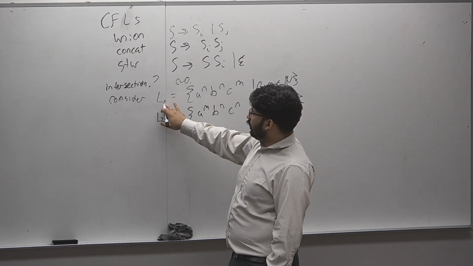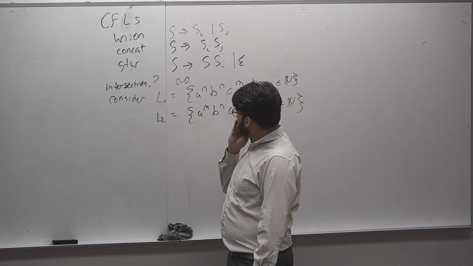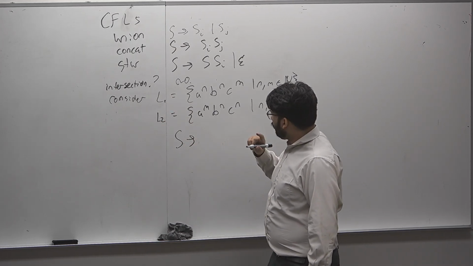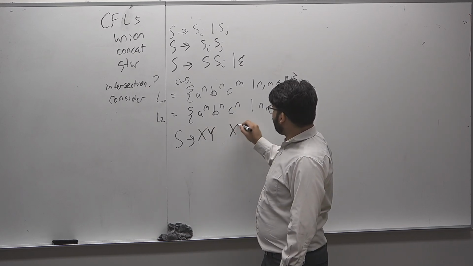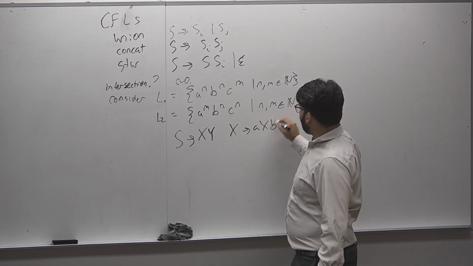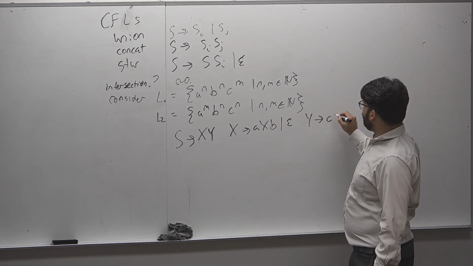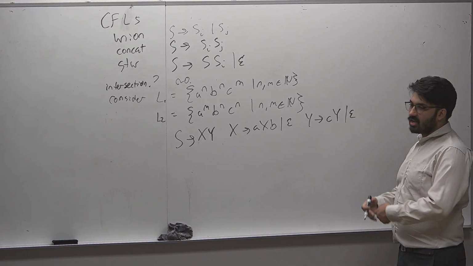Why is L1 context-free? Give me a grammar for L1. S is going to go to XY. X is going to go to AXB or epsilon, and then Y is going to go to CY or epsilon, right? A's and B's match, any number of C's.